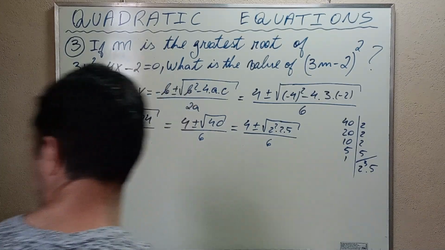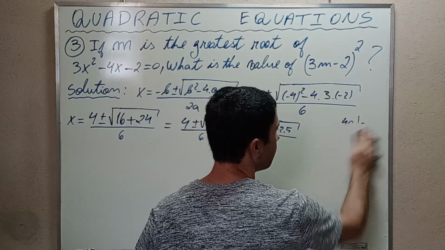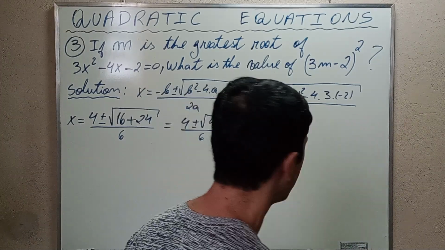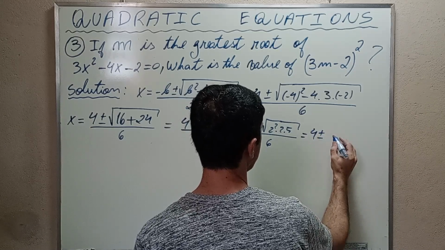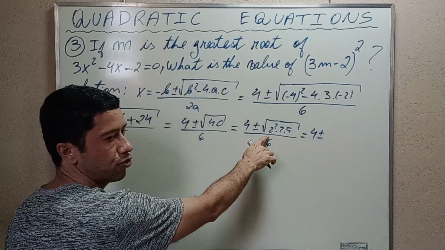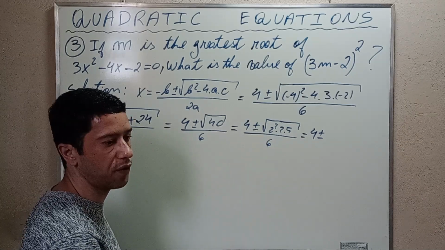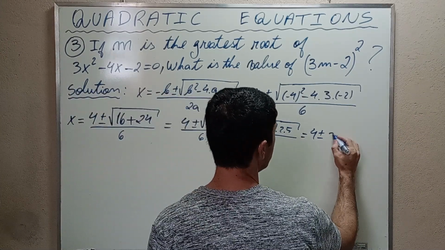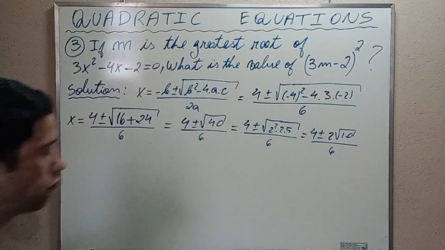And now, continuing working on this exercise, it is equal to 4 plus minus, this 2 squared here I pass to outside of the root. 2 times the square root of 10 divided by 6, okay?